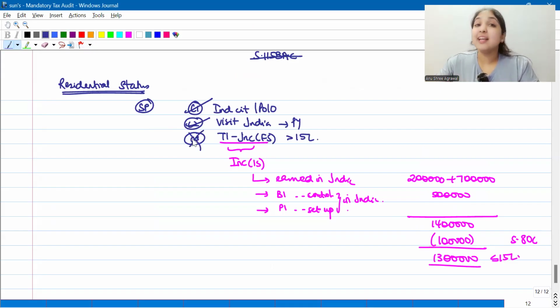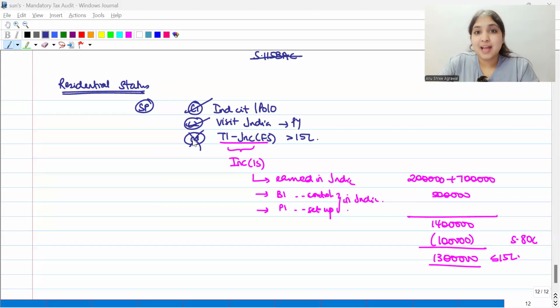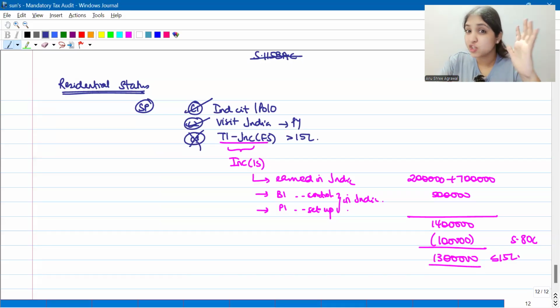Now see, in this discussion, you would be having two places where you're a little unsure. Why did I deduct 80C? See, understand, are we computing income here or are we computing total income over here? We are computing total income less income from foreign sources. We are computing income from Indian sources.